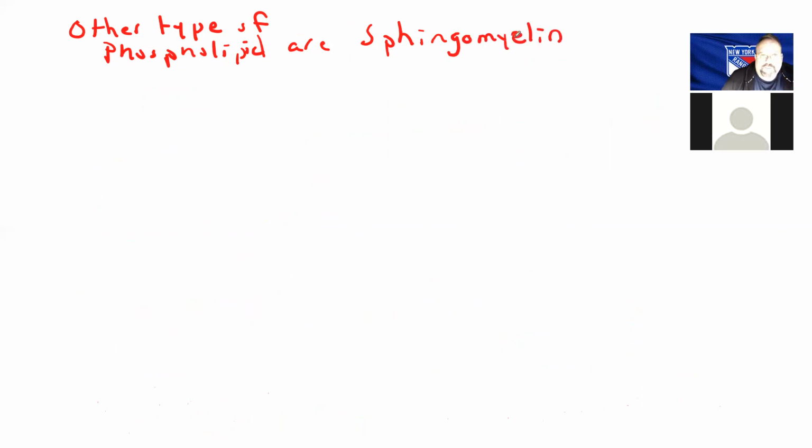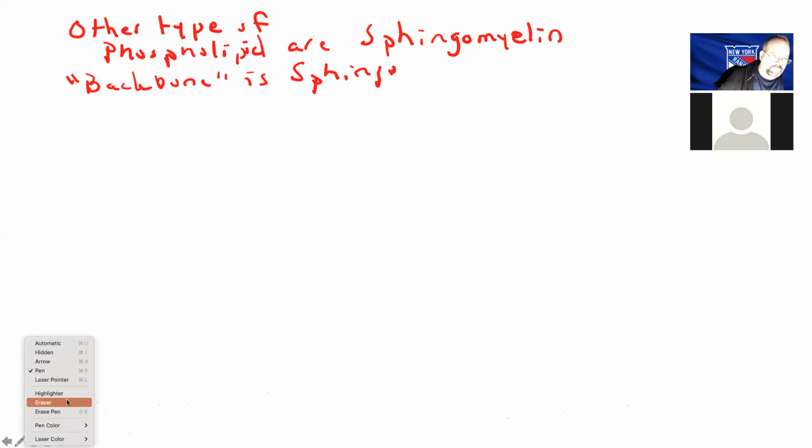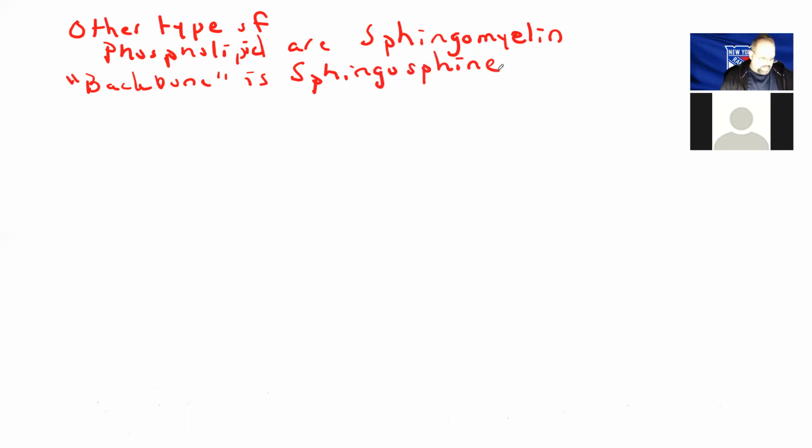The biggest difference here is that essentially the backbone is a compound known as sphingosine. You don't have to memorize the structure of sphingosine. You should be able to recognize it, and we'll give it to you here. I actually have to check back just to make sure I'm going to get it right as well.